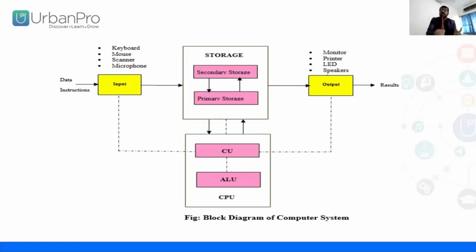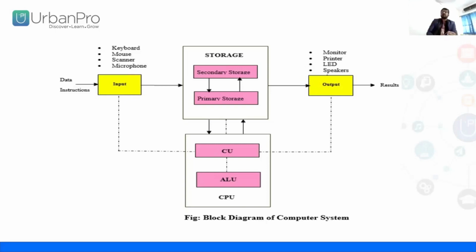So here your program goes from the input unit to the primary storage. Next, it goes for execution to the arithmetic logic unit, and from the arithmetic logic unit, it goes back. We see an incoming arrow and an outgoing arrow between the storage unit and the central processing unit. Instructions come from the storage unit to the central processing unit for execution. Next it goes back to the primary storage for the result.